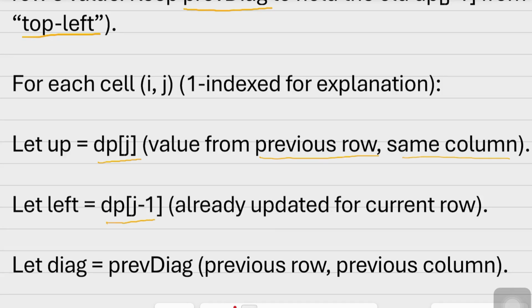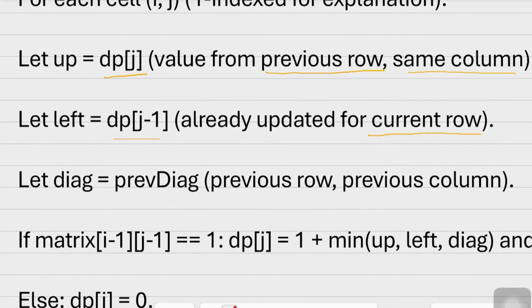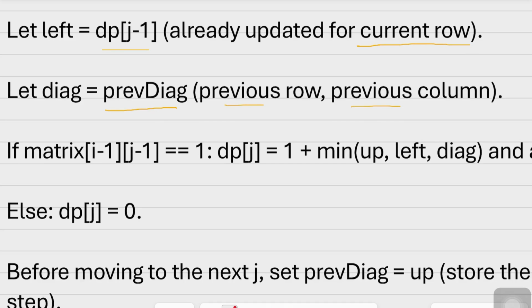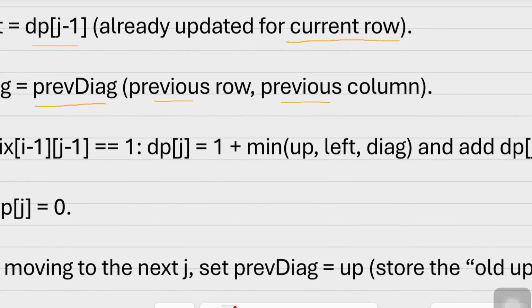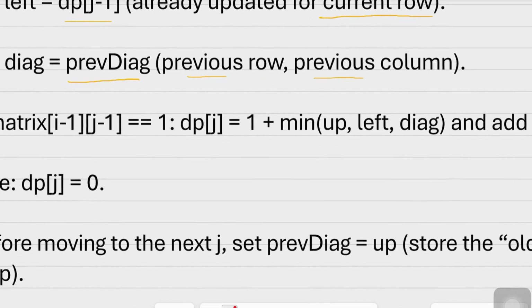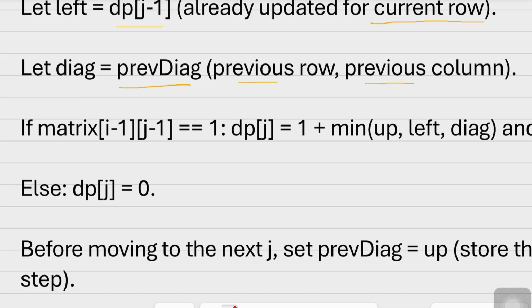Let left equal dp[j minus 1], already updated for the current row. Let diag equal prev_diag, previous row, previous column. If matrix[i minus 1][j minus 1] equals 1, then dp[j] equals 1 plus min(up, left, diag), and add dp[j] to the total.